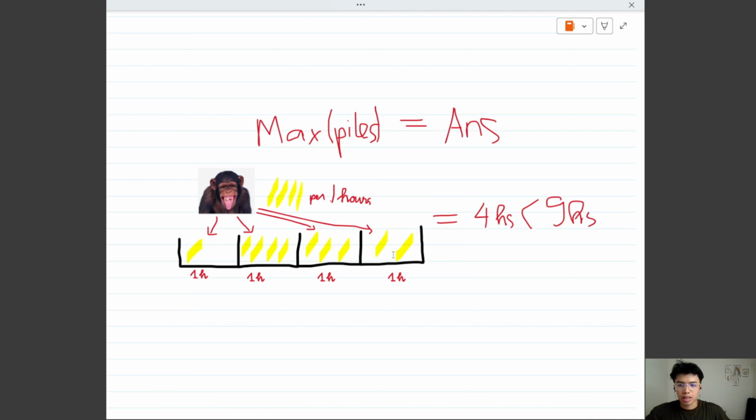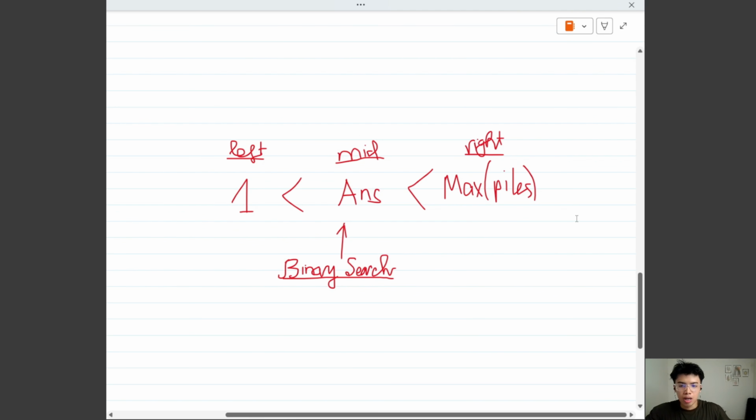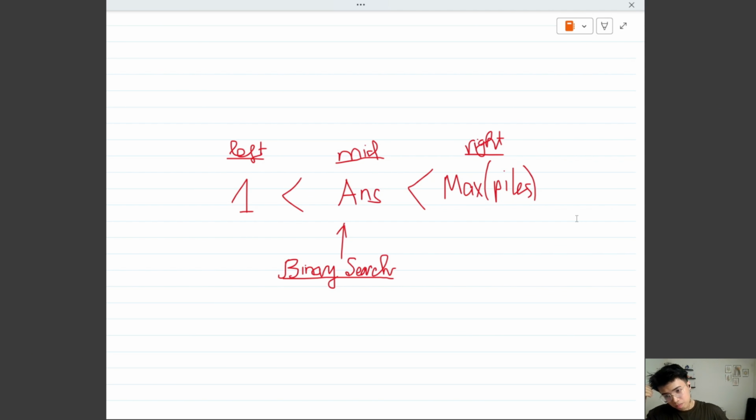This guarantees that our maximum bound is always valid, because our possible eating rates form a perfectly sorted range from 1 to max pile. We can use the binary search algorithm.